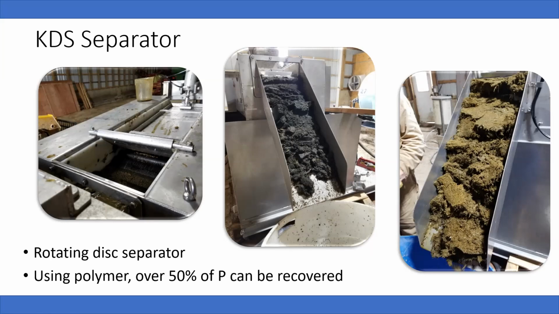And then it's got a very low energy demand. So it's a very small machine and simple design, so it's quick. So we're using that as our first step in the quick wash process. We take it through that KDS separator, and then that effluent that comes off of it, that liquid, is what we're using through the quick wash process. Next slide.